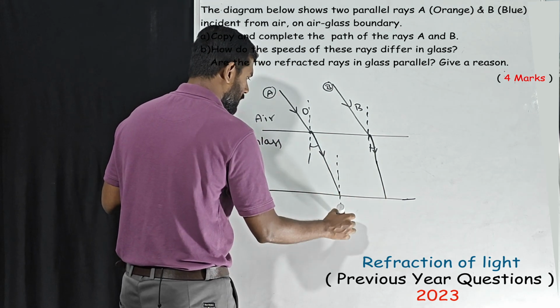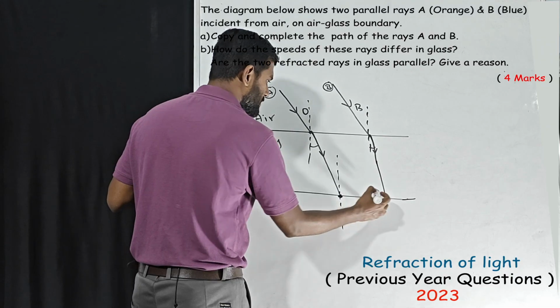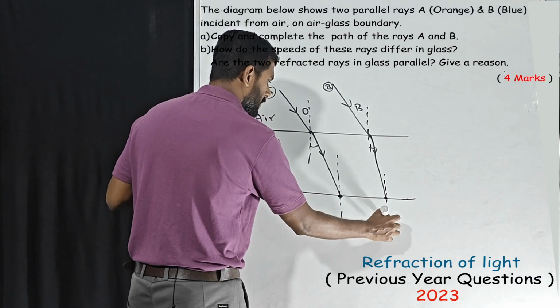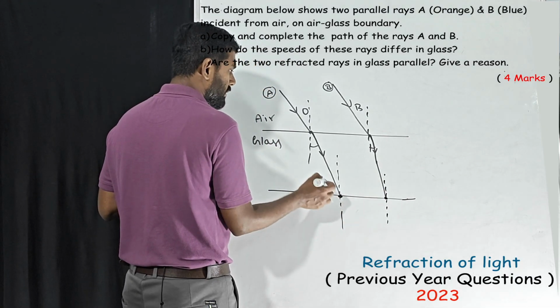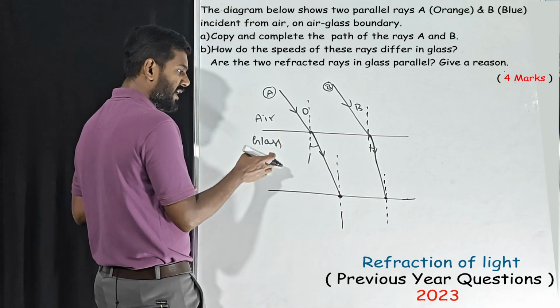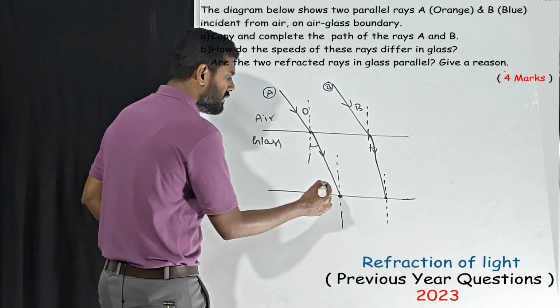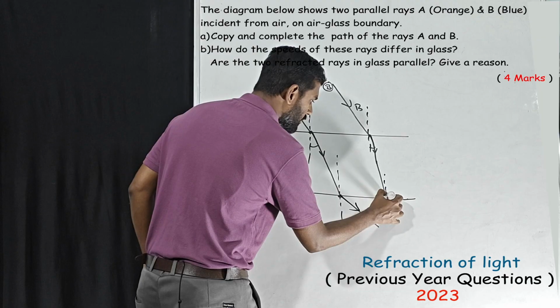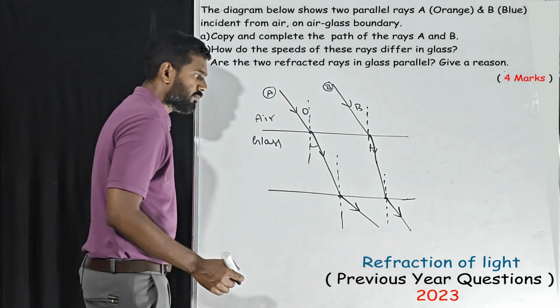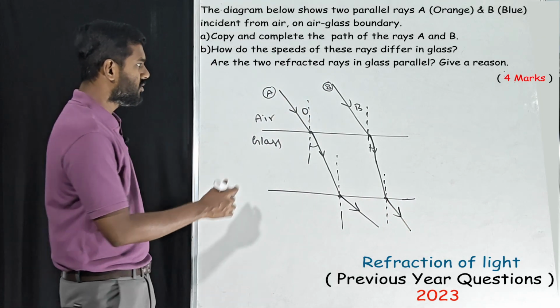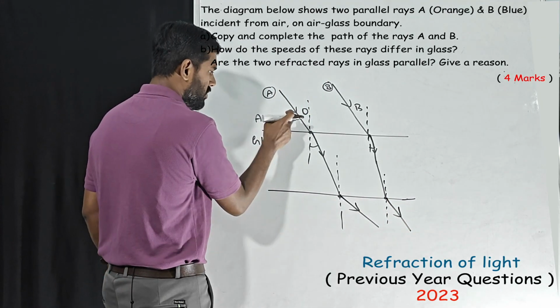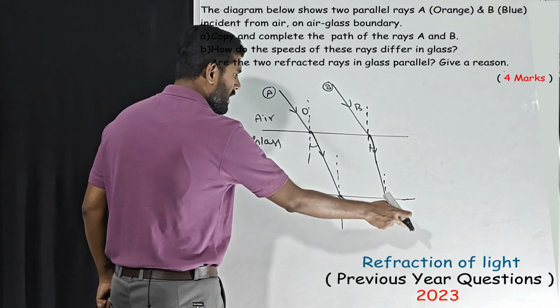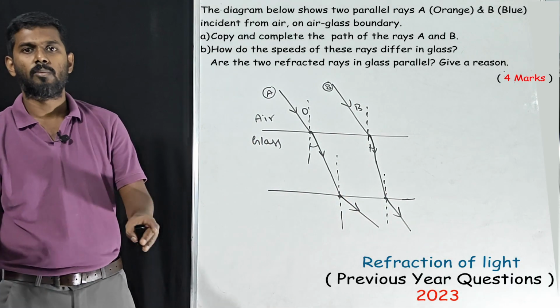Again there is a point of incidence, draw the normal. Now they are moving from glass to air. Glass to air, they move away from the normal. That's it. So this is for orange. These are the emergent rays of orange and blue.